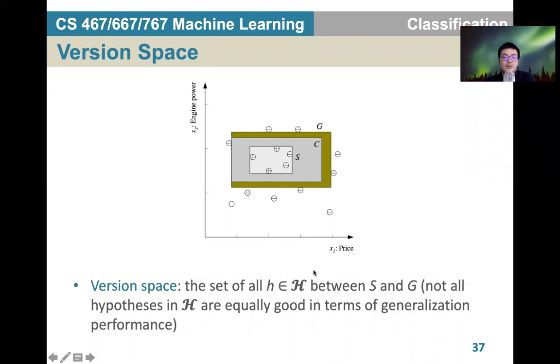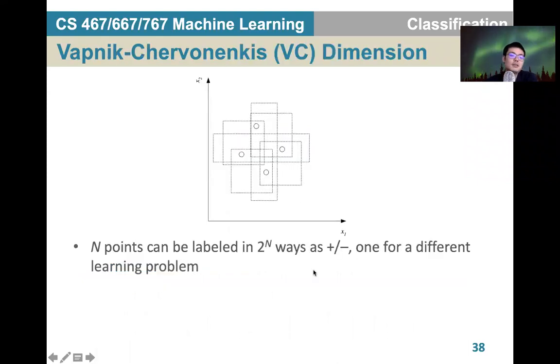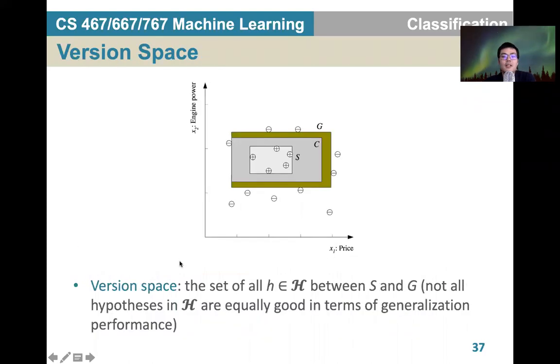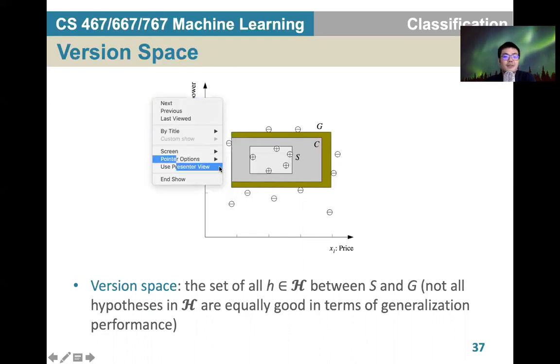So let's take a look. This is because you are using a rectangle. If you have a rectangle, but you have something like an exclusive OR shape, let me give you an example. Let me use the right tool.